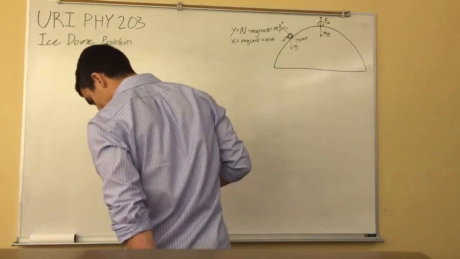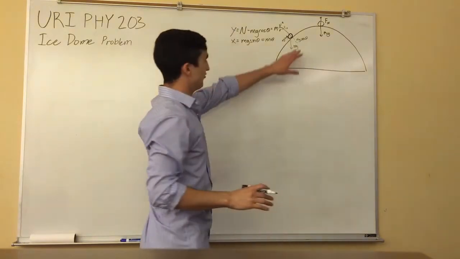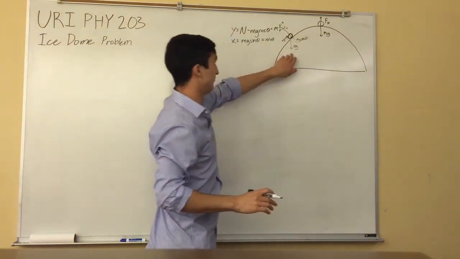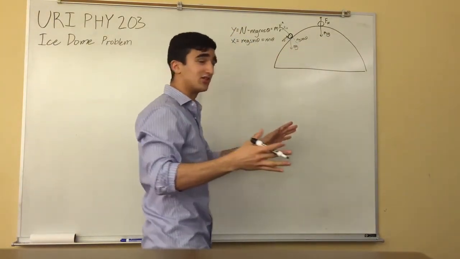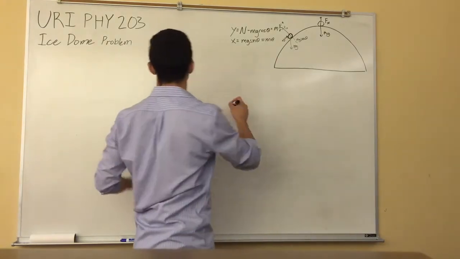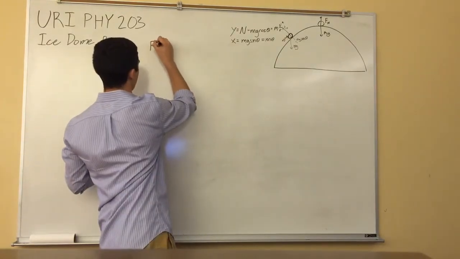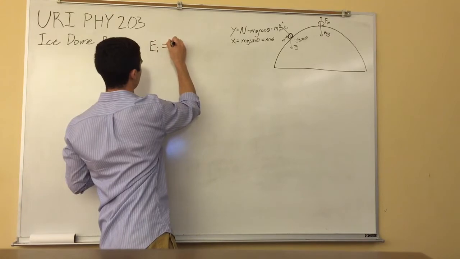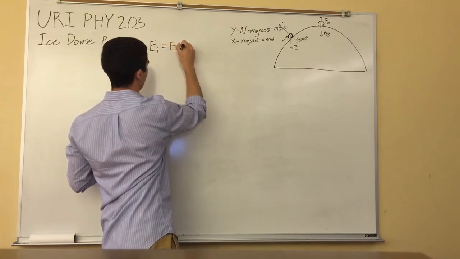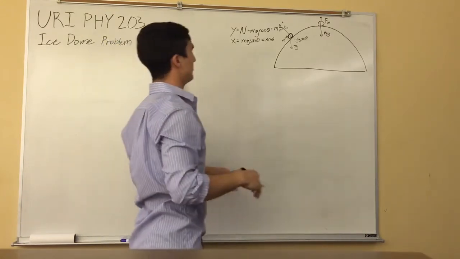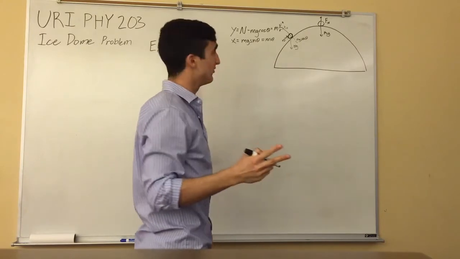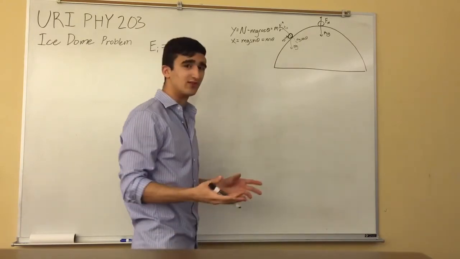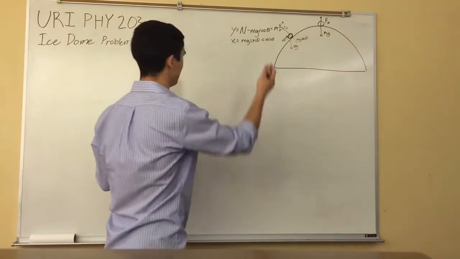Alright, so from here, we have an initial and a final. So now we can use conservation of energy. We're going to say energy initial is equal to energy final. Now we know that there are 2 types of energies involved right here: kinetic and potential.